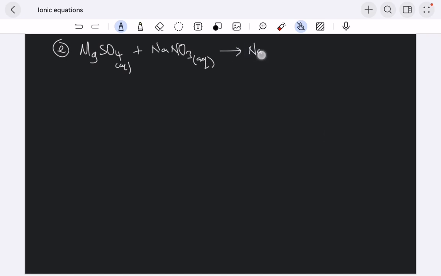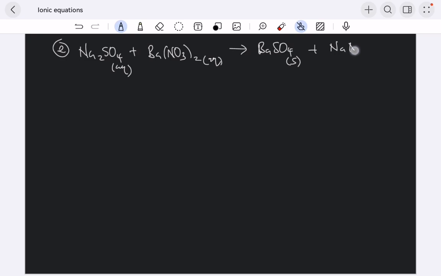So we're going to get sodium sulfate aqueous plus magnesium... okay, let me give you another example. This is not going to work out.